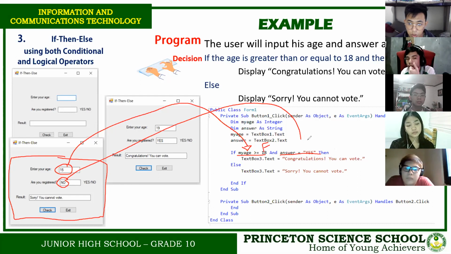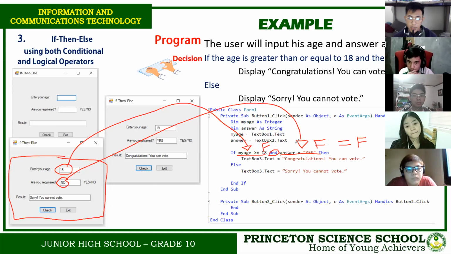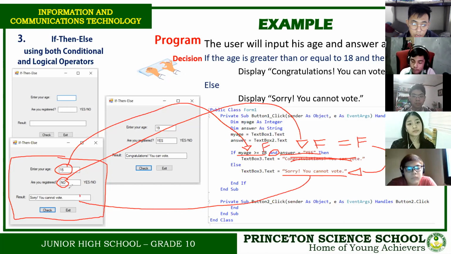So it didn't meet the condition, and again this is going to be false. If both are false, the answer is of course false in the end with the logical operator, thus skipping the first VB expression. There we have our sorry, you cannot vote, which is the output in here.